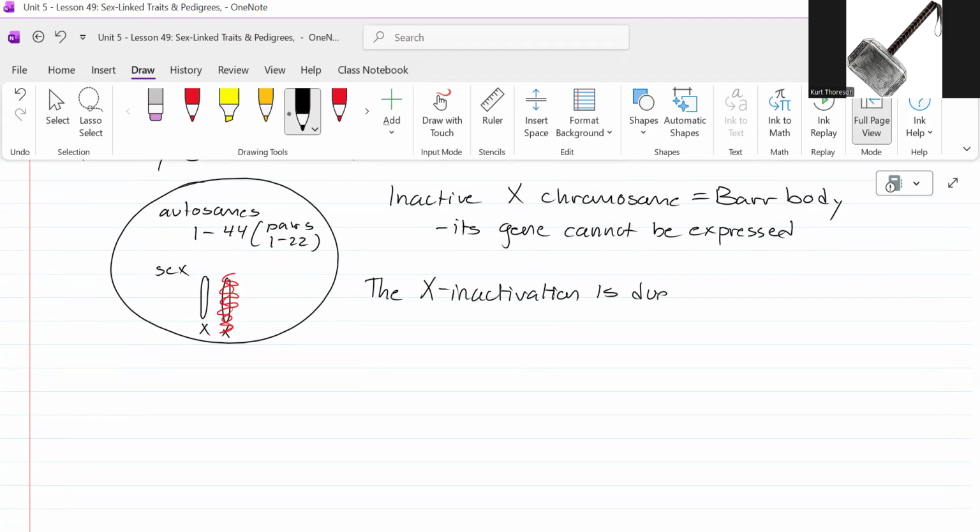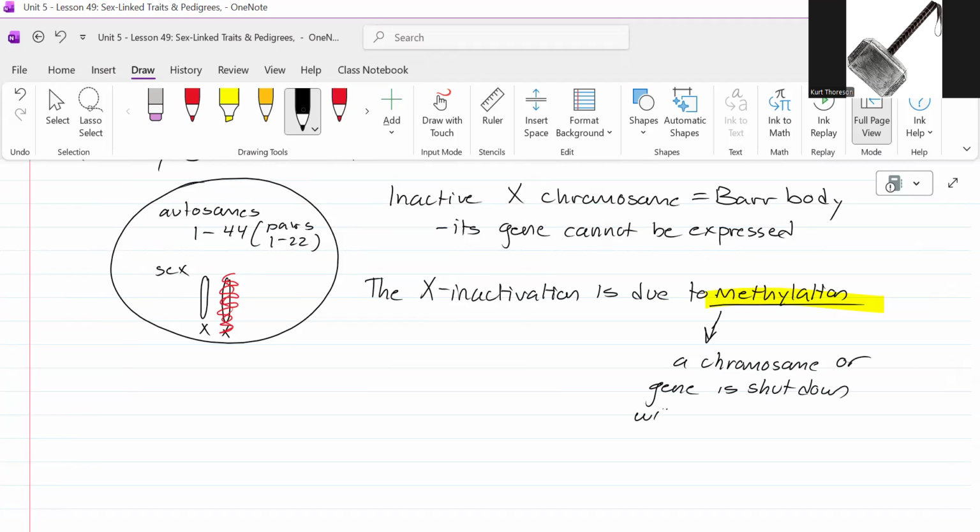is due to methylation. And this is an incredibly important term for when we get to lesson 50 and then when we get into unit 6. Methylation basically means a chromosome or gene is shut down without changing the DNA.